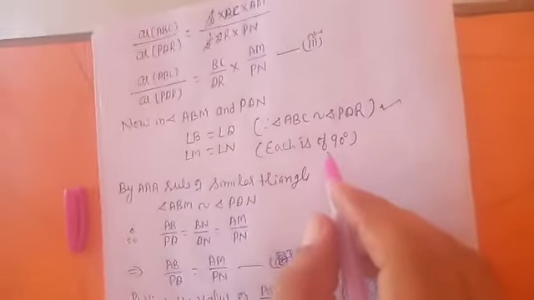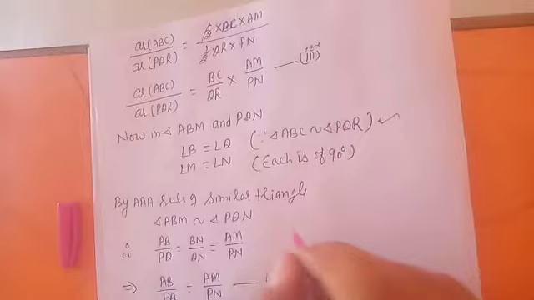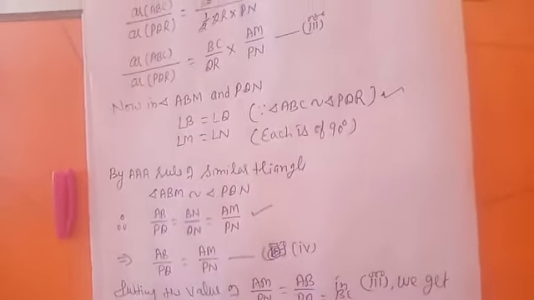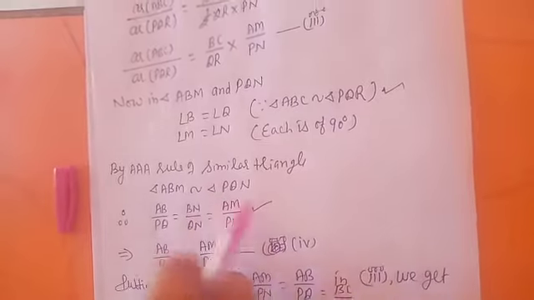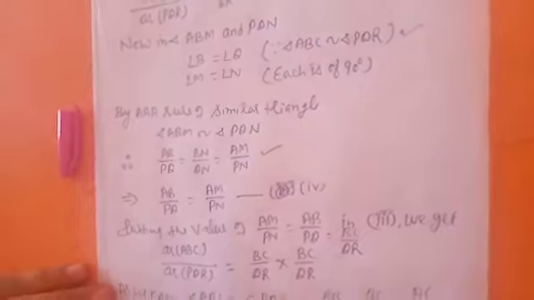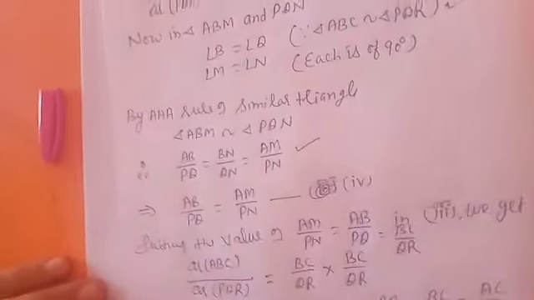So what has become? AAA has become. So these two triangles are similar. If similar, satisfying this condition, but you need this, so you can take this. But this is equal to what? This is equal to BC by QR, because these are given similar. Put these values and you get the answer.